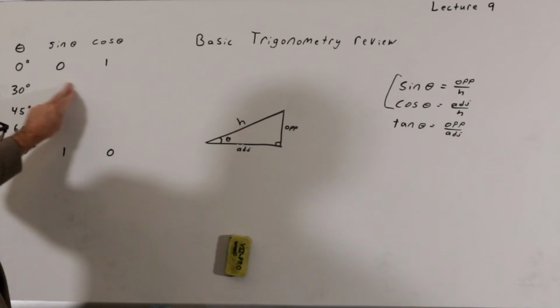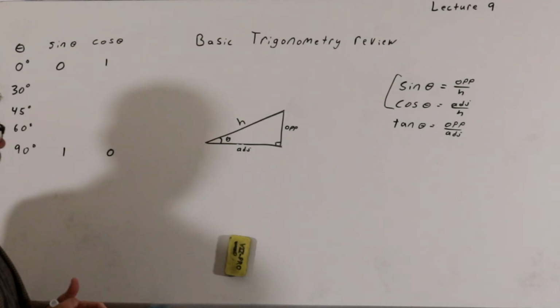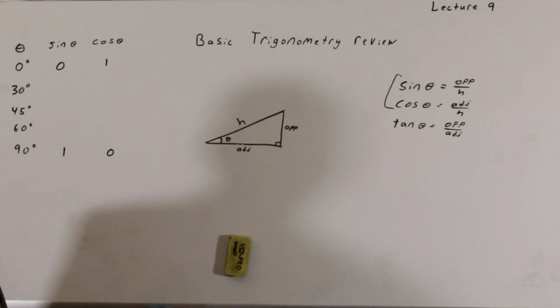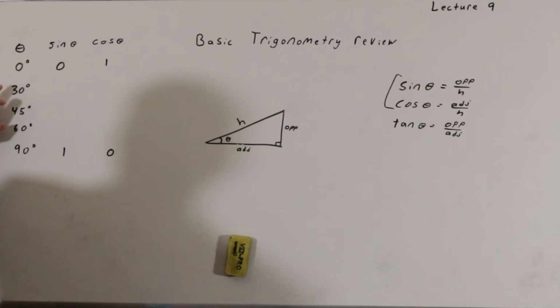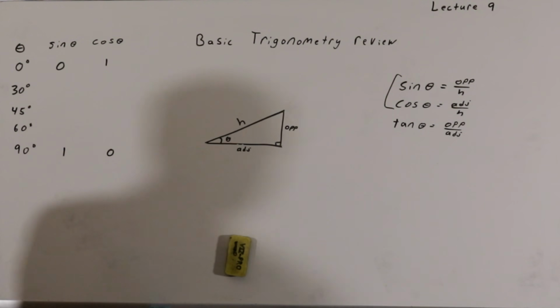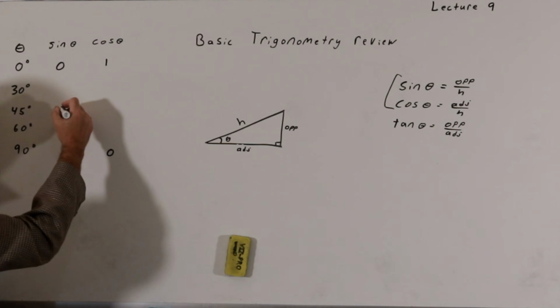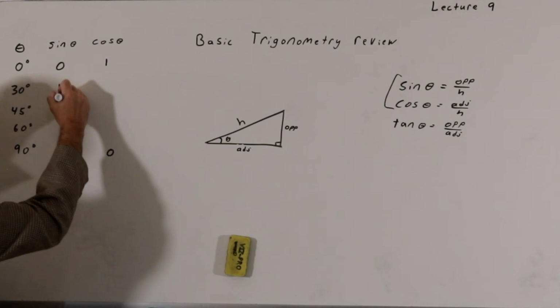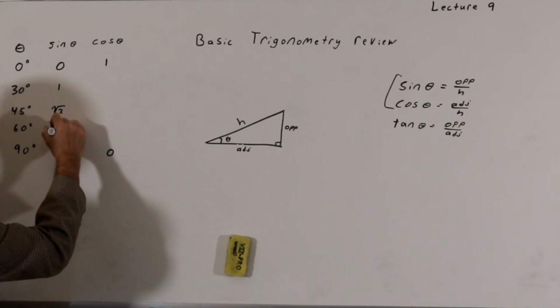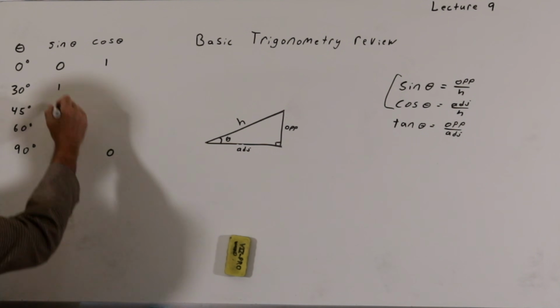Now, with that said, I'm not going to derive these three special angles in the middle, but I will give you a mnemonic to remember them because we'll use them all the time. The mnemonic is 1, 2, 3, all over 2.